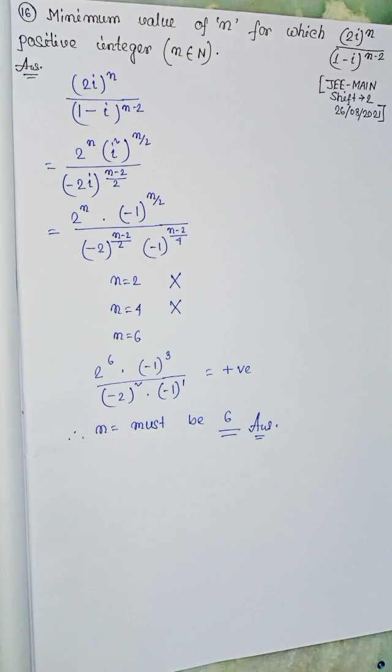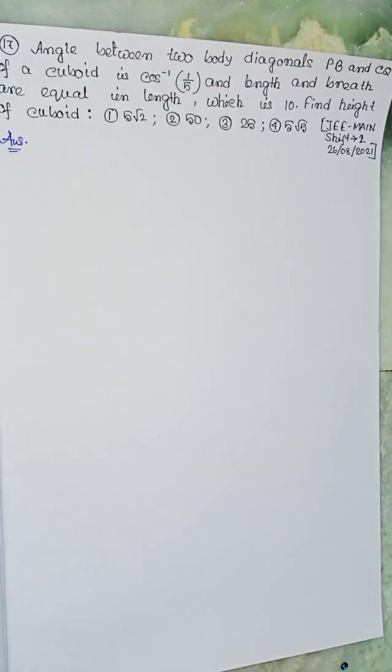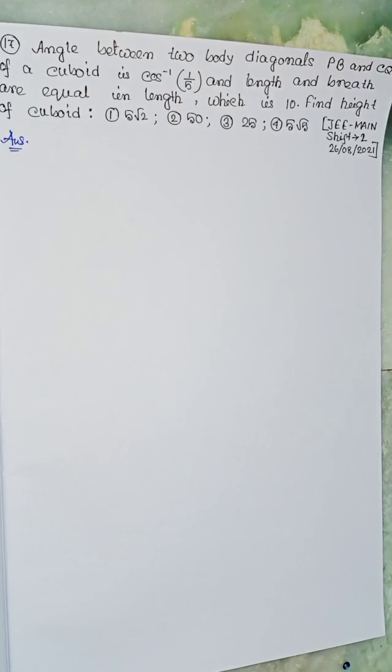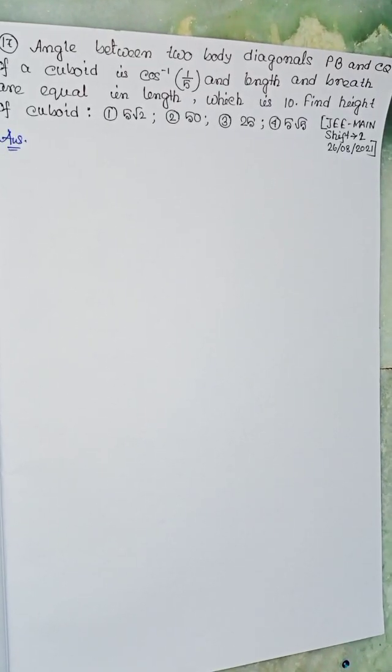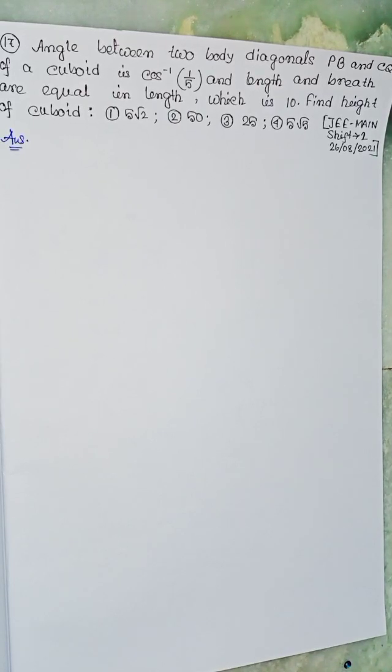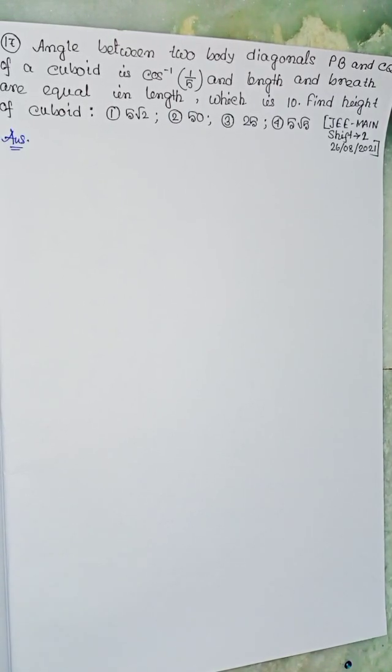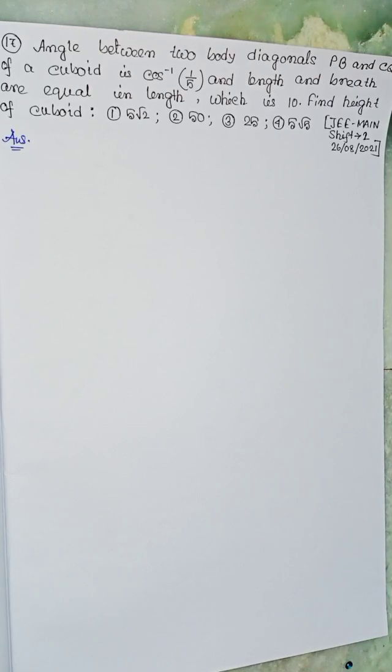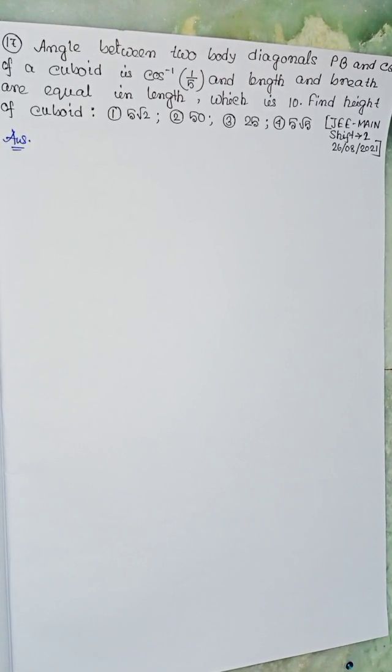Now moving to question 17. Question 17 tells us that the angle between two body diagonals PB and CQ of a cuboid is cos inverse 1 by 5, and the length and the breadth are equal, which is 10. Find the height of the cuboid. Four options are given.